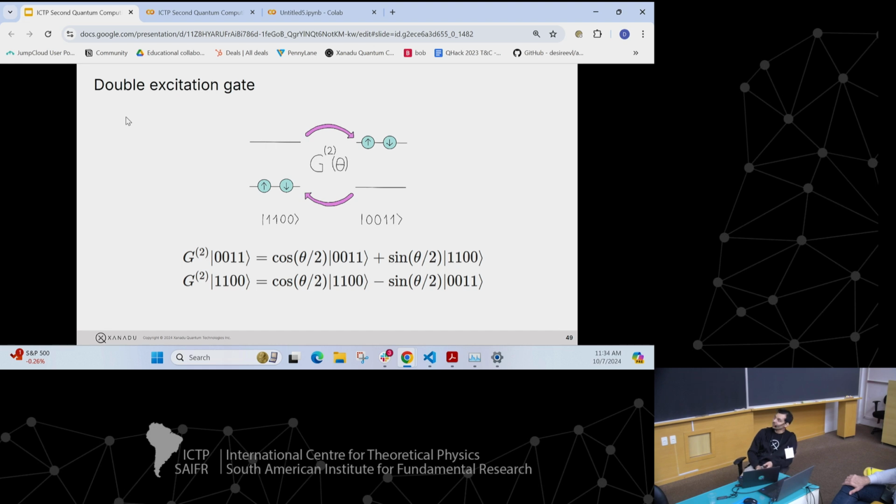What's going on under the hood of this double excitation gate is a series of CNOT gates that are entangling your qubits together. And that's how you're encoding more correlations between your qubits.